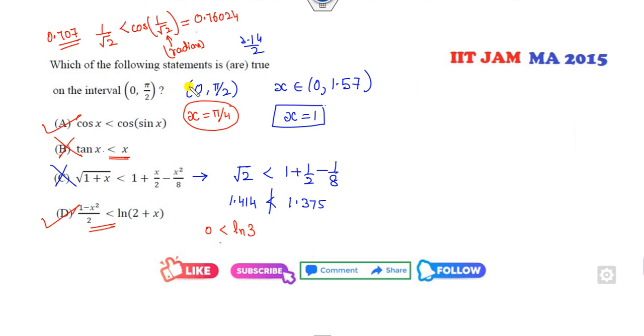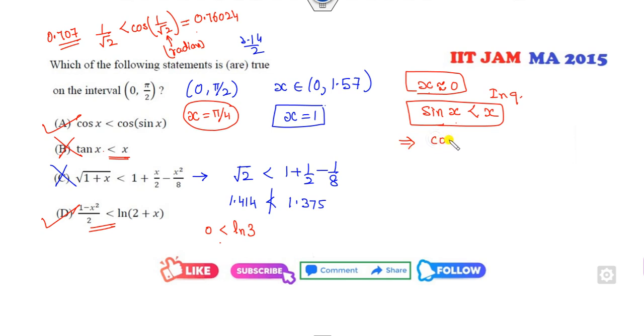Otherwise, because it's an open interval, if I choose x near to 0, okay, for this case, we know sine x in the first quadrant is always less than x. Then I can take the cosine function on both sides.